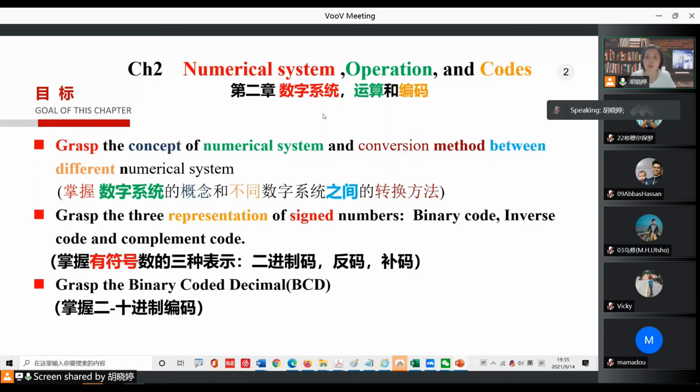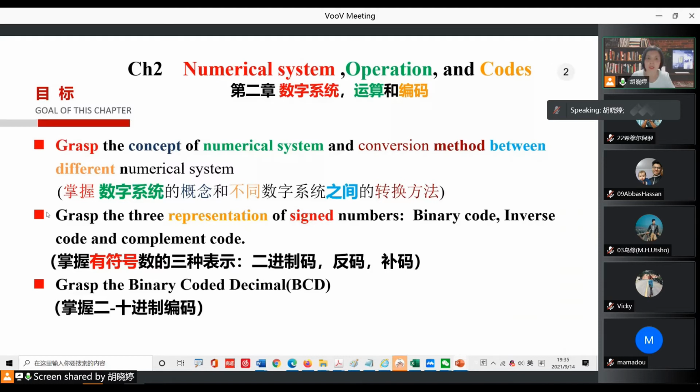We can convert decimal numbers into binary numbers, but sometimes we need to represent some Chinese words or English letters. So you will use different codes to describe that information.